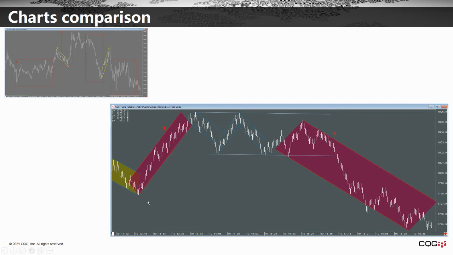Whereas range bars just show a continuation of an uptrend at the same pace. Area number 4 corresponds to the exit of the sideways channel and looks a lot more clear on the range bar.